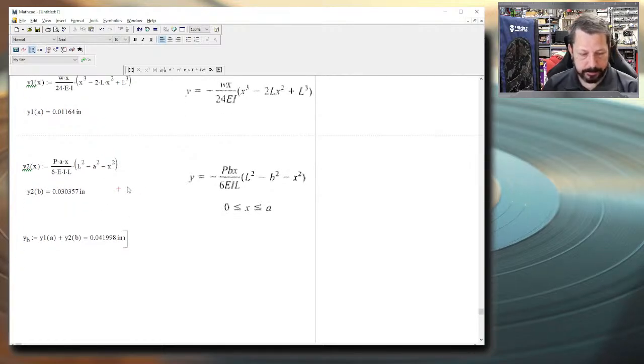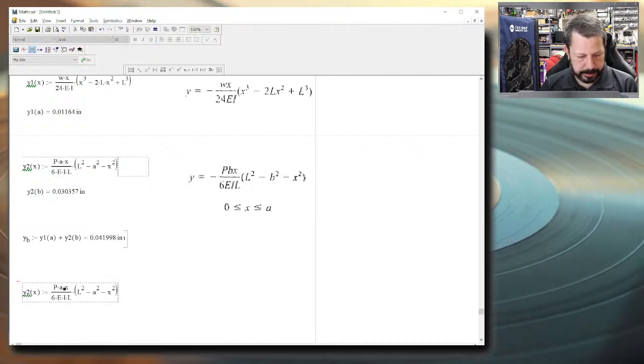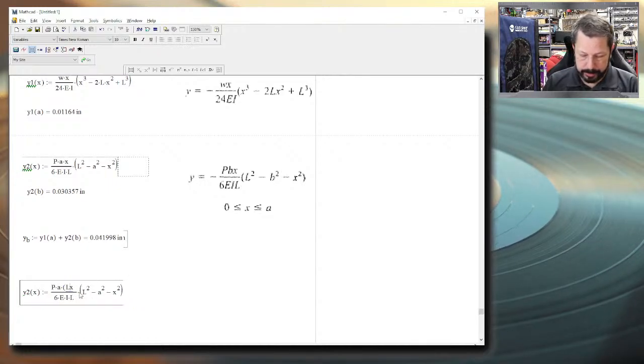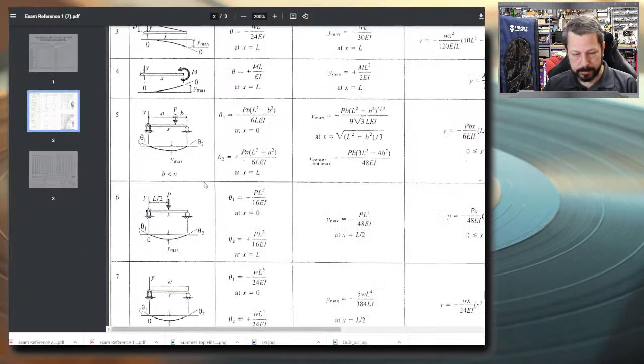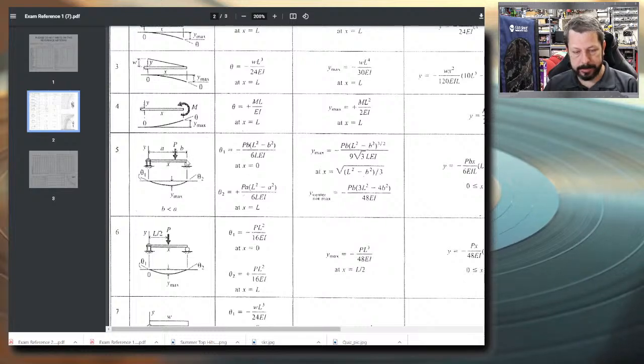So it's easy enough to do. Let's just copy our equation and change it by, instead of the variable x, we're going to do L minus x. And now, whenever we put in x equals 0, so that should be the left end of the beam, there will be an L right here, L minus 0, so that'll actually be L, which is this side of the beam right here, where the roller is.